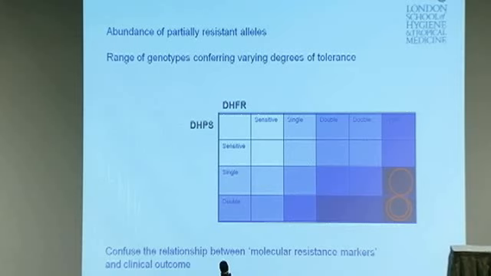And the existence of these intermediate genotypes and intermediate phenotypes has confused the relationship between the presence of molecular markers of resistance and the clinical outcome for some time.